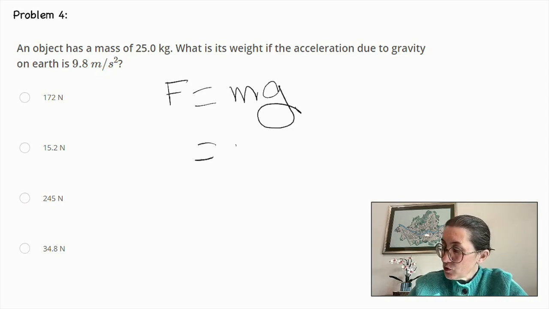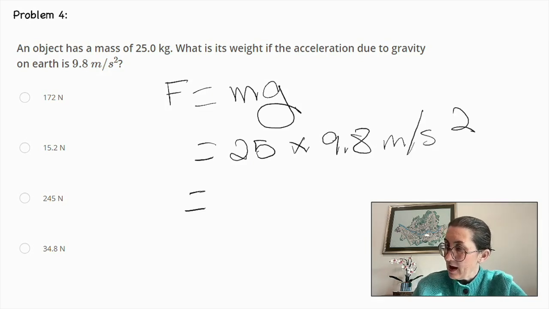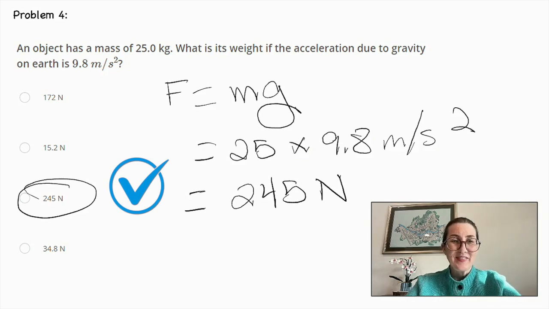So that equals 25, and we're already in kilograms, times 9.8 meters per second squared, and that is equal to 245 newtons. And there's our answer.